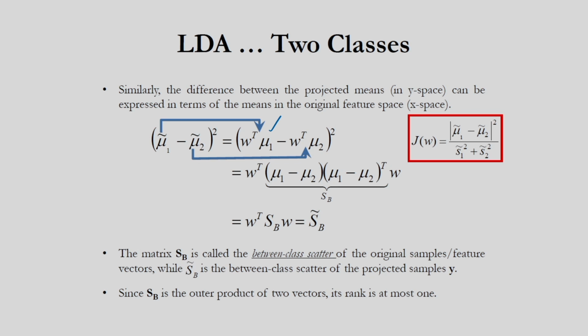You know this expression, and from this I am getting SB tilde. SB is the between class scatter matrix. So you can see how to determine the within class scatter matrix SW, and also the between class scatter matrix SB. SB is the between class scatter of the original samples, and SB tilde is the between class scatter of the projected sample Y.